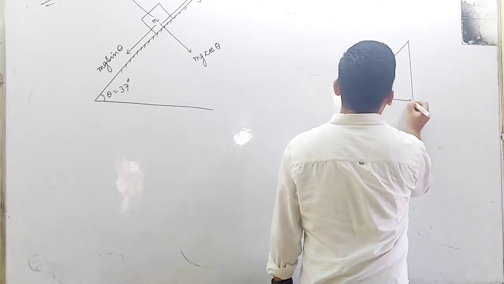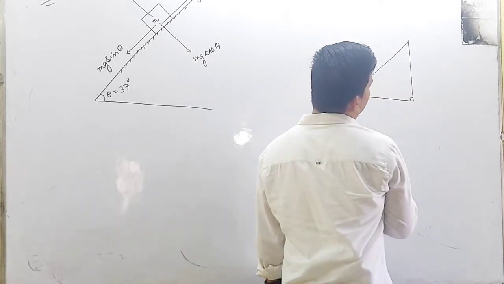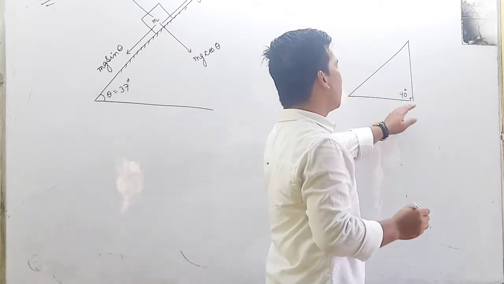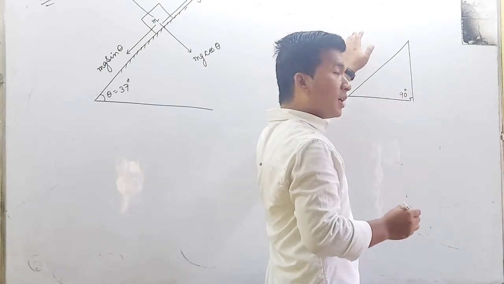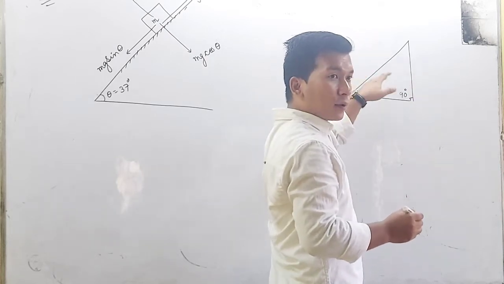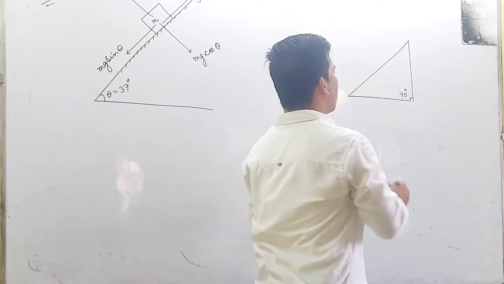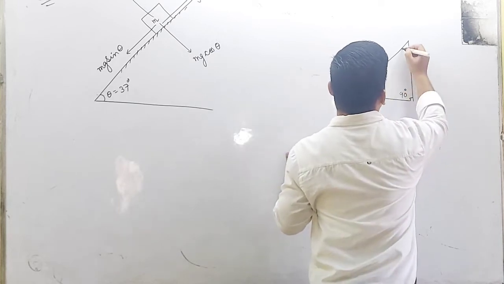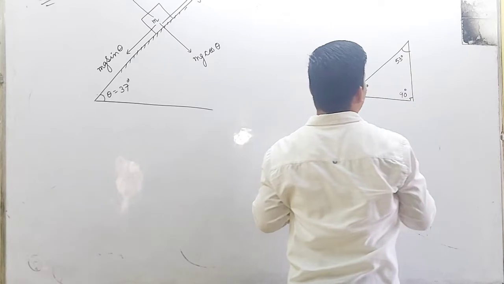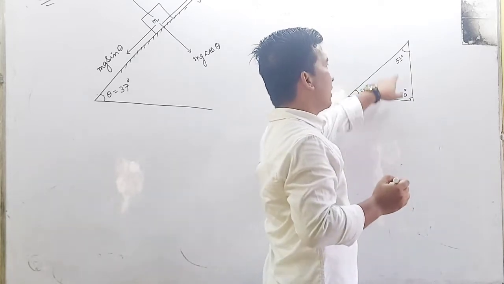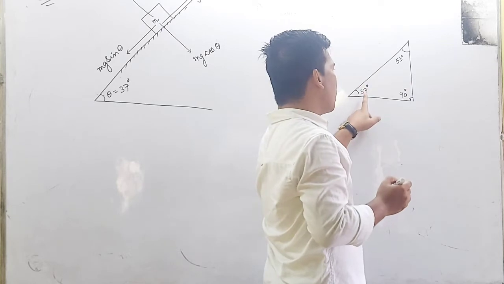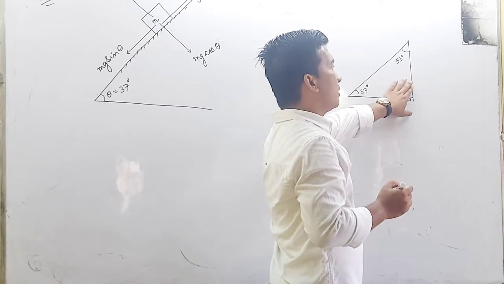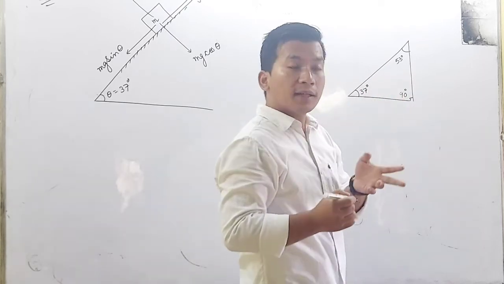This is 90 degrees, and the side opposite the right angle will be the longest, the hypotenuse. This angle is 37 and this is 53. The second largest angle is 53 and the smallest angle is 37, because in a right triangle, if one angle is 90, the remaining two angles sum to 90.